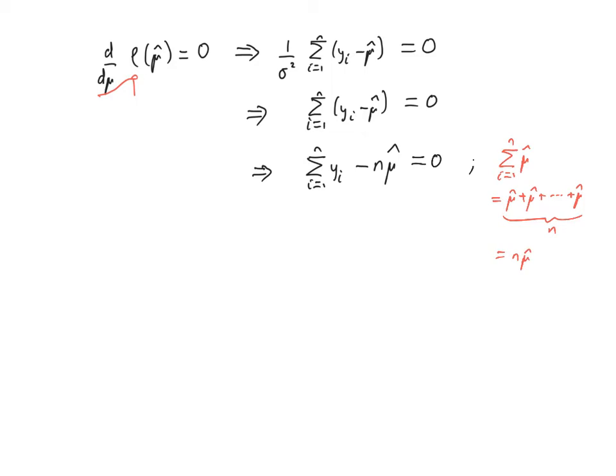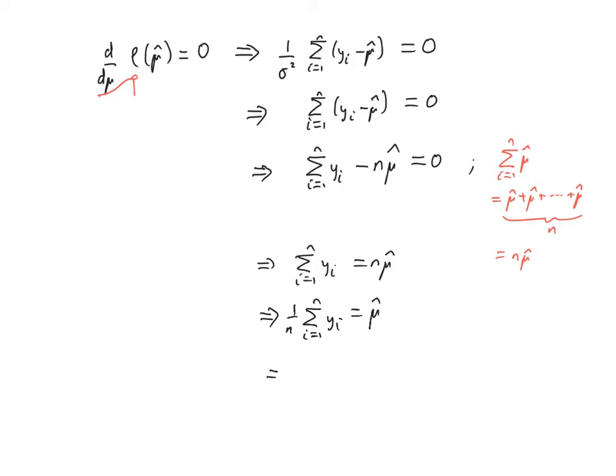So therefore, we end up with the sum from i equals 1 to n of yi is equal to n mu hat, bringing the n mu hat to the other side, effectively adding n mu hat to both sides, and then finally we can divide both sides by n to get that the sum from i equals 1 to n of yi divided by n is equal to mu hat.